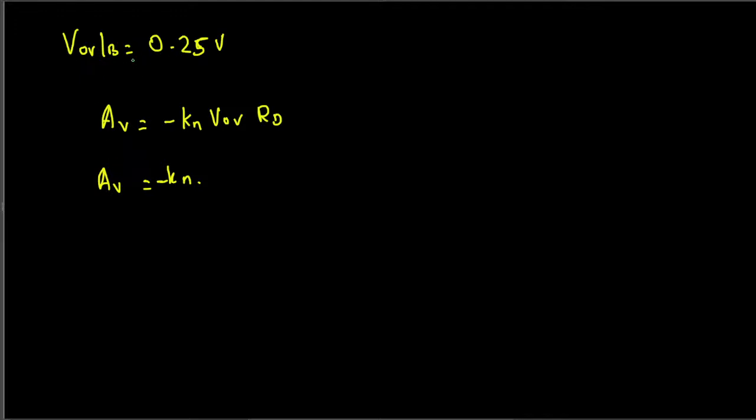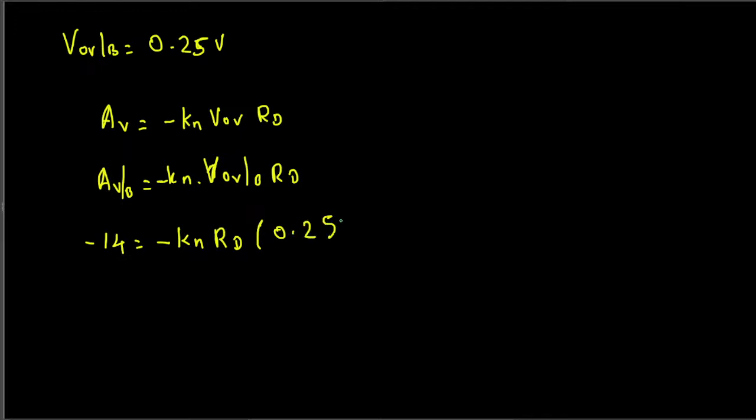We got it from the B location, so we use the same gain here as well. So this is minus 14, equal to minus KN RD multiplied by VOV at B, which we calculated to be 0.25, and solve for KN RD. You will end up getting 56. Okay, now we have KN RD.